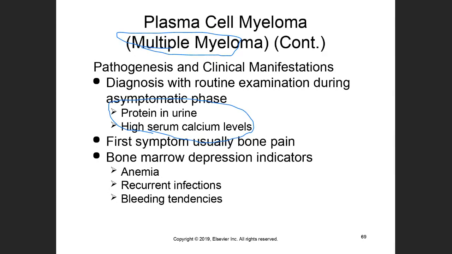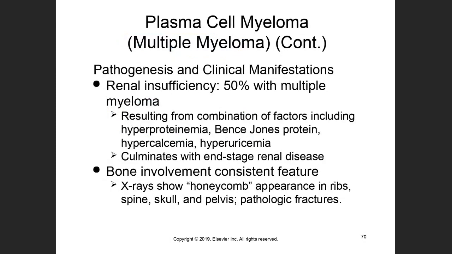Bone pain, why? Because you have hypercalcemia. That means you are removing the calcium from the bones, and that produces pain in the bone. It can also produce constipation and muscle weakness, because hypercalcemia produces constipation and muscle weakness. Bone marrow depletion is an indicator of anemia, recurrent infection, bleeding tendency. Prognosis of clinical manifestation: renal insufficiency in 50% with multiple myeloma.